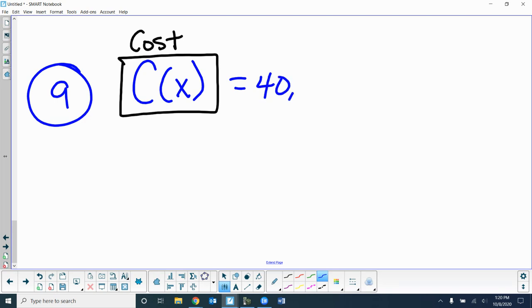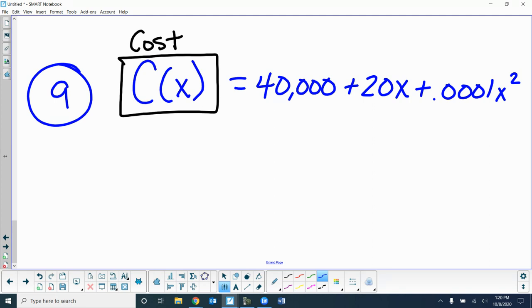And they had a formula for it. There's the formula. Okay? So if I wanted to publish 100,000 books, how would I figure out how much it would cost me?